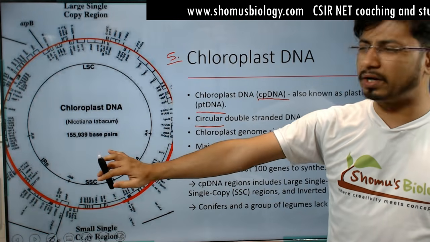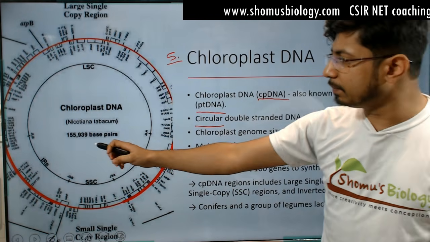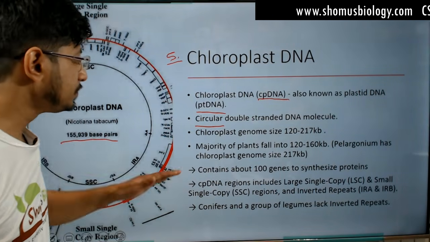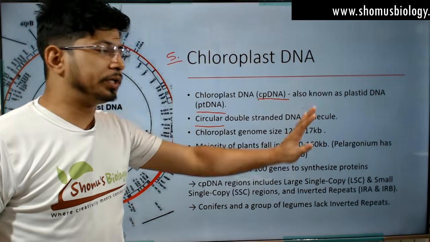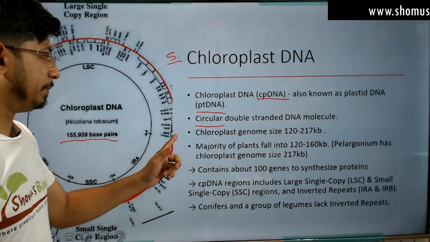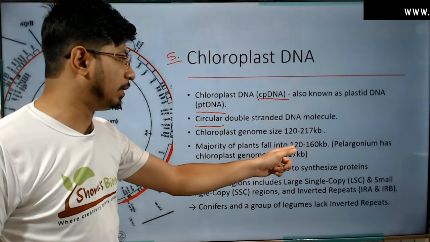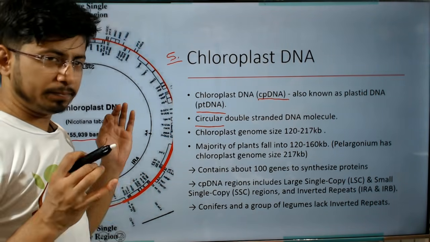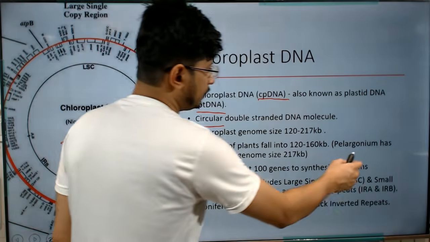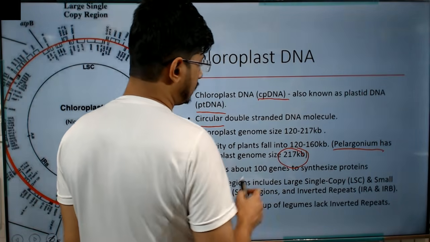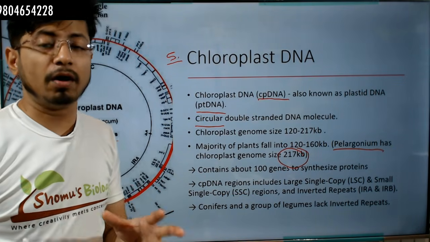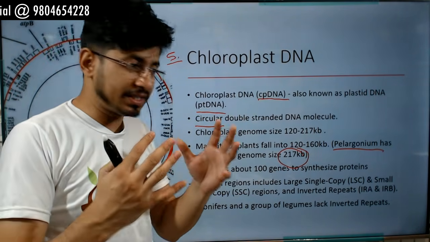You don't need to remember all this, but just remember the number of base pairs, approximately. Genome size is 120 to 270 kilo base pairs. The majority of plants fall into 120 to 160 kb. In some cases, one example is given here, plants have more than 200 kb, but generally plants have a chloroplast DNA size of less than 200 kb.